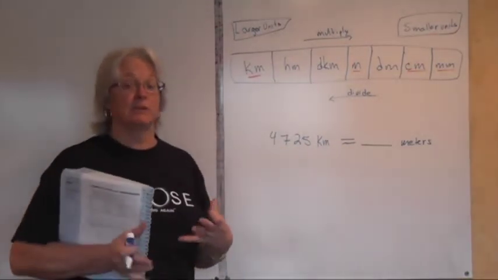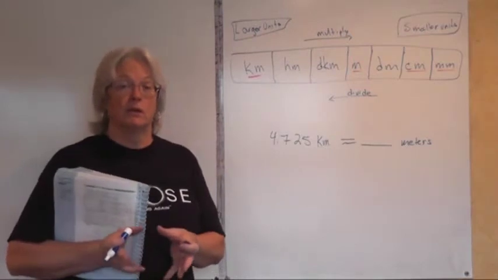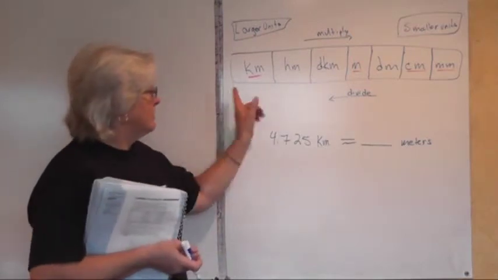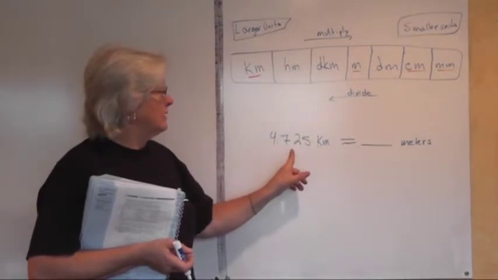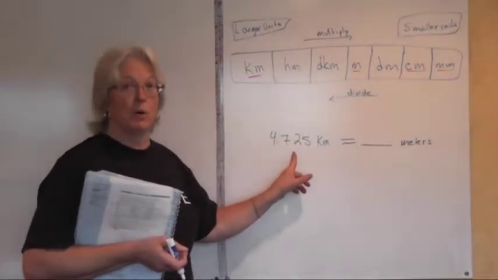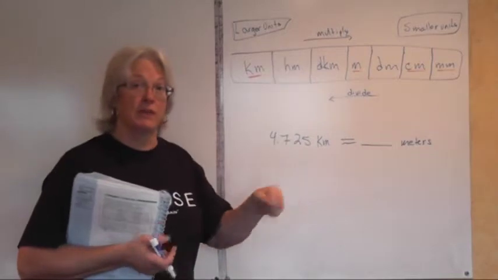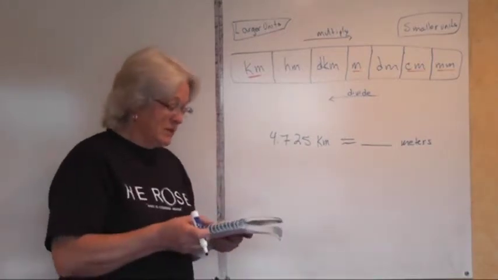Now, I happen to think that the easiest way that you can know what to do here is just to remember that kilometer means 1,000. So we're going to multiply 4.725 by 1,000, but let me show you what they have you do.